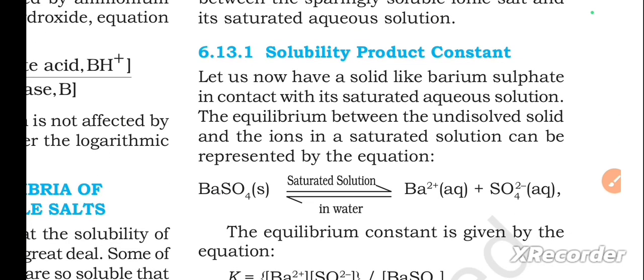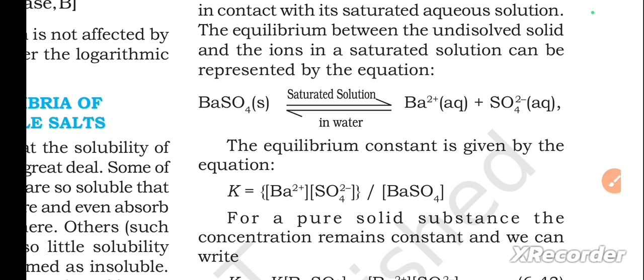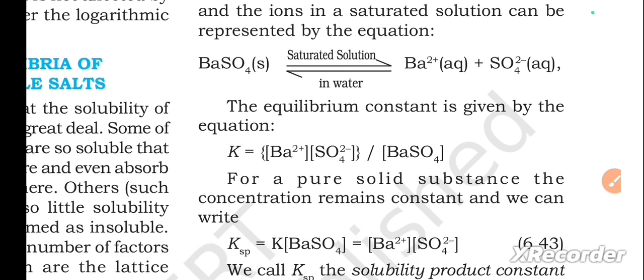Next, 6.13.1, solubility product constant. Let us now have a solid like barium sulfate in contact with its saturated aqueous solution. The equilibrium between the undissolved solid and the ions in a saturated solution can be represented by the equation BaSO4 gives rise to Ba2+ plus SO4 2- in the presence of saturated solution in water.